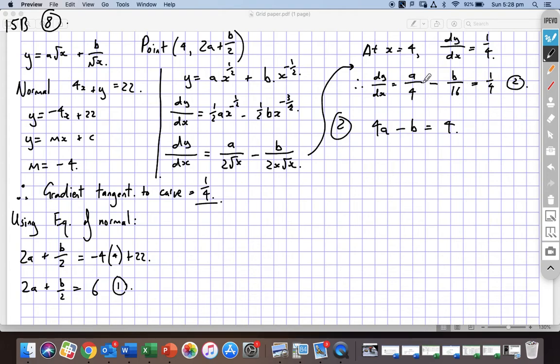So that times 16, 4a, minus that times 16, just leaves b, equals that times 16 is 4. It's my equation 2. My equation 1, if I want to set it up for elimination, I could do that if I had 4a there. And that would work nicely because it would mean I'd just be left with 1b as well.